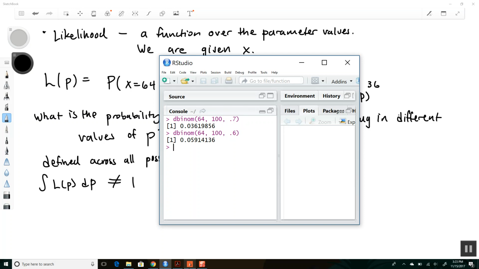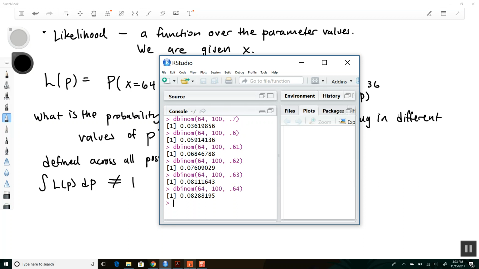And what we want to do is find what value do I plug in here that will give me the highest probability, or the highest likelihood. So what other value should I try? Well, let's just try 0.61, and we get something a little bit higher, 0.068. If I plug in 0.62, I get something even higher, 0.076. At 0.63, I get 0.081.